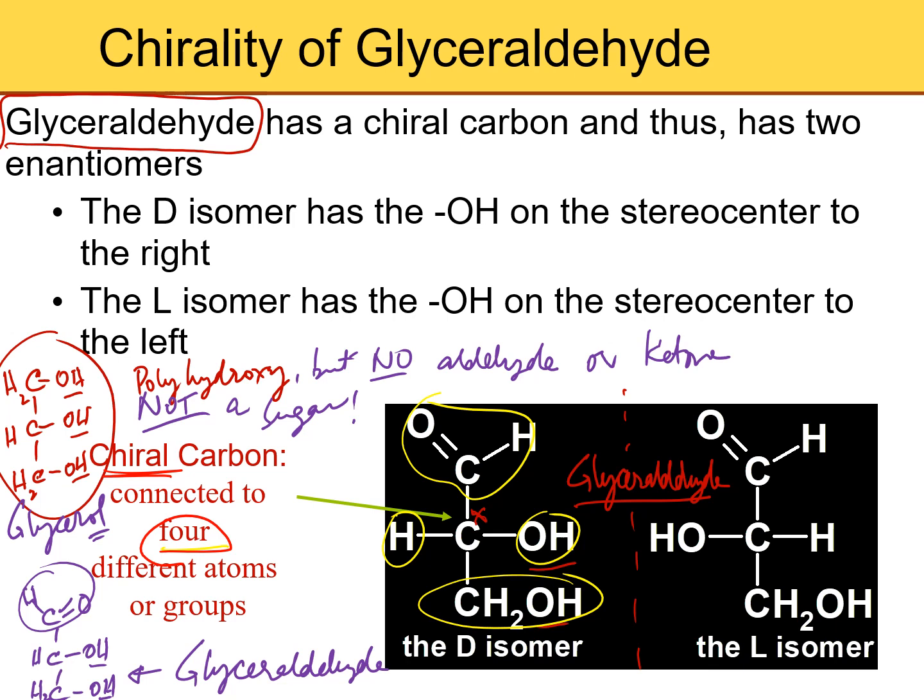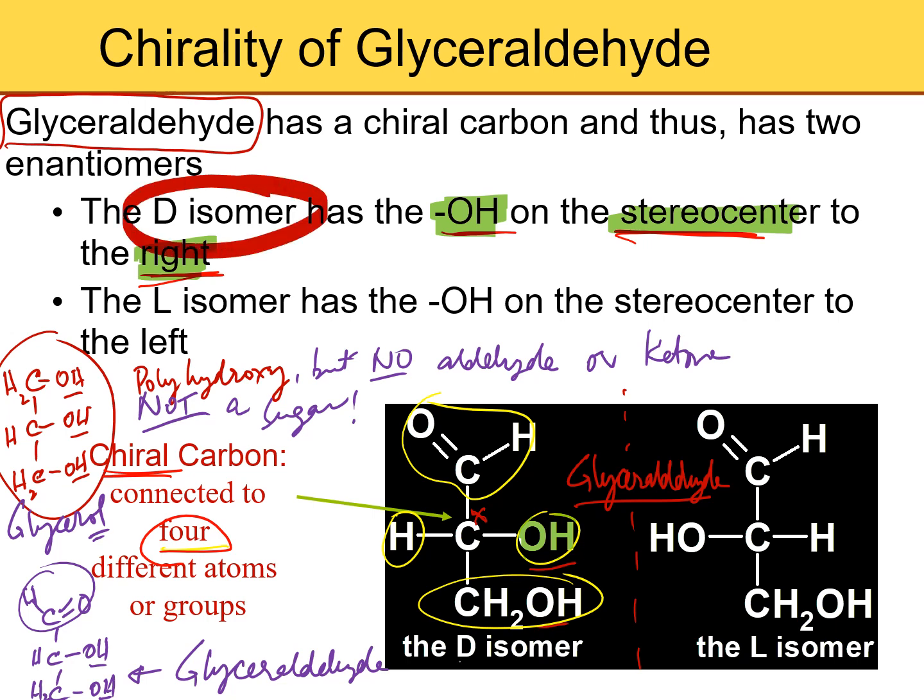Now, in this case, they're saying if the OH on the stereocenter is to the right, and this is again pretty important, make sure you understand this. So if the OH on the stereocenter is to the right, like this OH is to the right, right? Then we call it D for dextro, or D for right. It's called a D isomer, right?